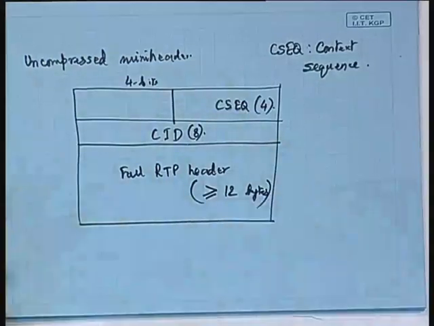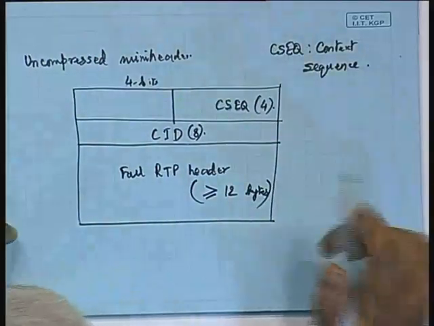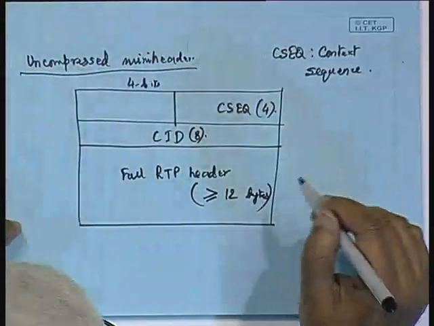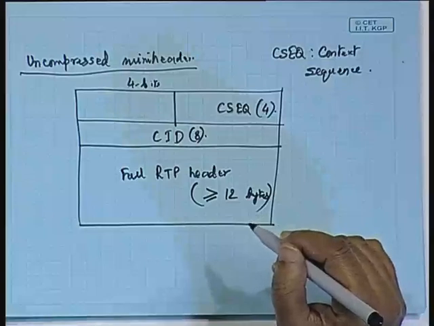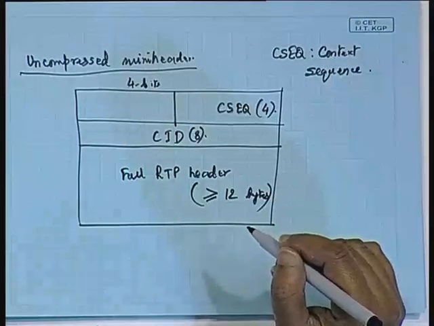This is where the complete information will go, but this is again a mini header because we have dispensed with whatever was there as the constant fields in the IP UDP headers. We have eliminated that.